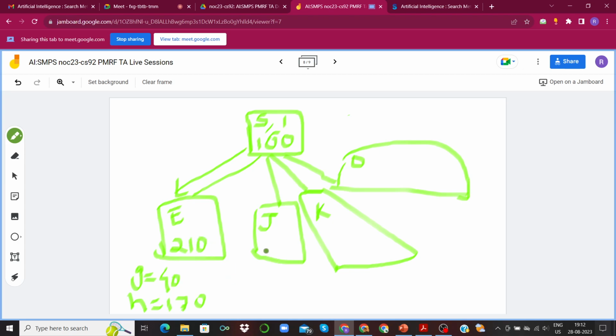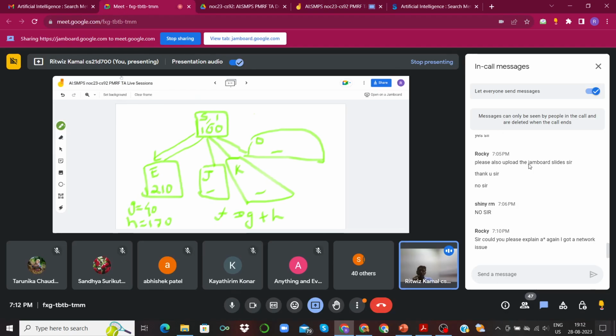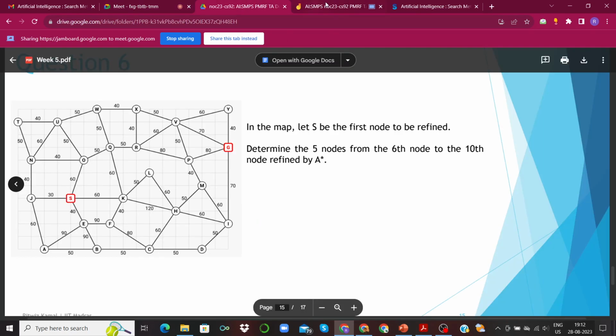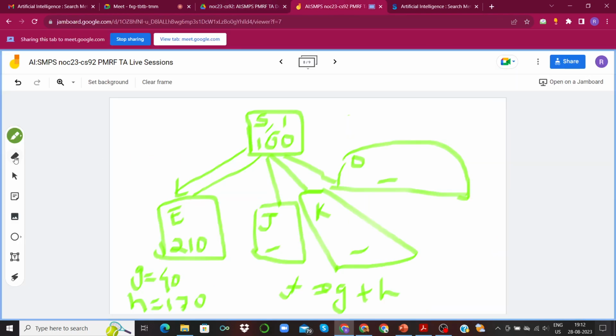So the costs of each of these nodes would be changing accordingly by using this F is equal to G plus H formula. This is one of the major differences between BNB and A star methods. And another major difference is that we also incorporate something called propagate improvement.